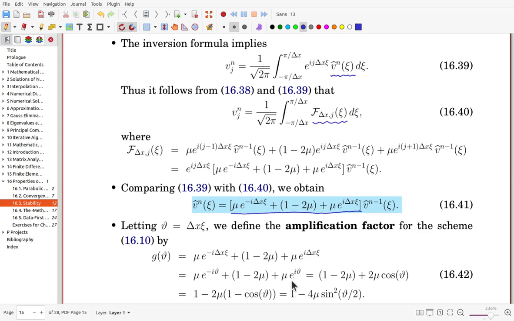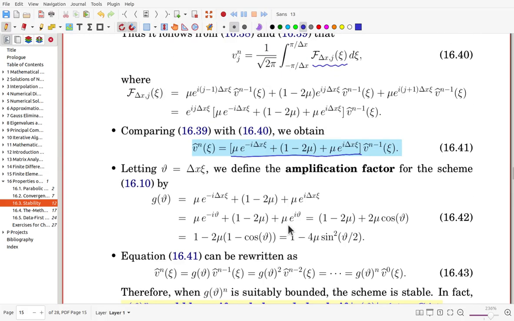Once you expand it, that is cosine theta plus i sine theta, and that is cosine theta minus i sine theta. So we cancel out the imaginary part, and we reach this one. Now further simplify, and eventually we reach that one.